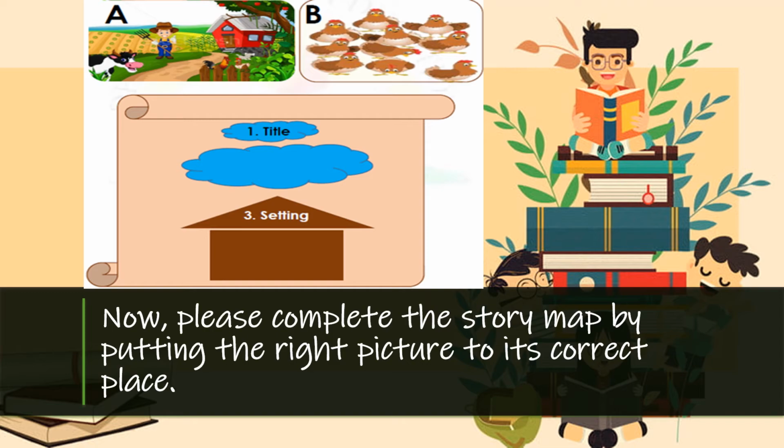So I think you're correct. It is the setting of the story. Great job. How about letter B? It shows us the picture of the 10th hen, which is the title of the story that we have read. It's letter B. Great job! I knew you can do it well.